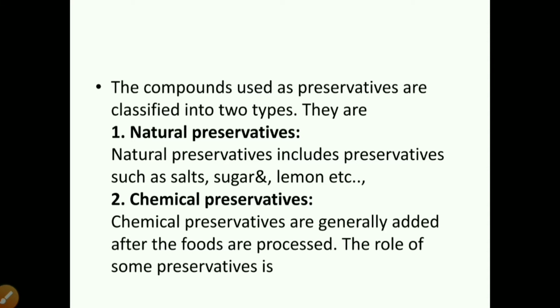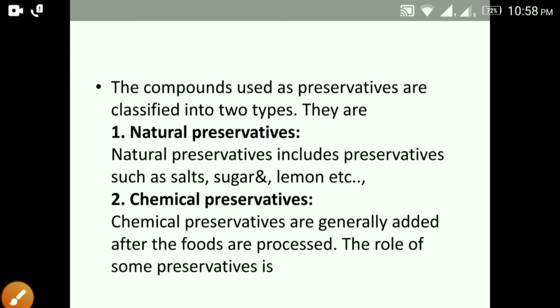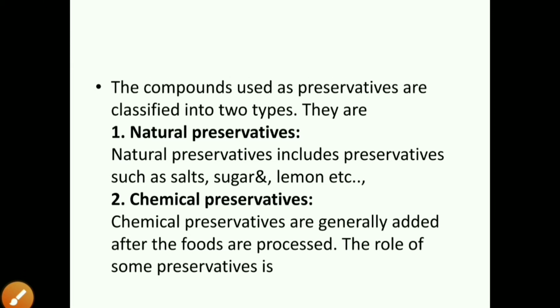And among these preservatives, there will be listed under class 1 and class 2 preservatives. Class 1 is preservatives which do not have any restriction upon usage, whereas class 2 preservatives have restriction upon usage. For example, salt is a class 1 preservative. Class 2 preservatives example is potassium metabisulfite.